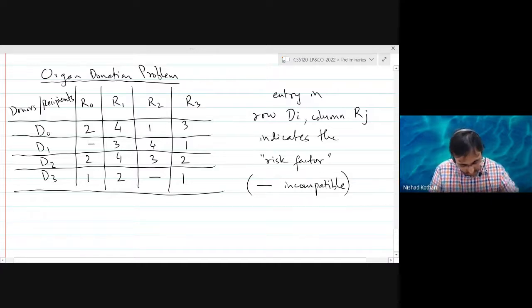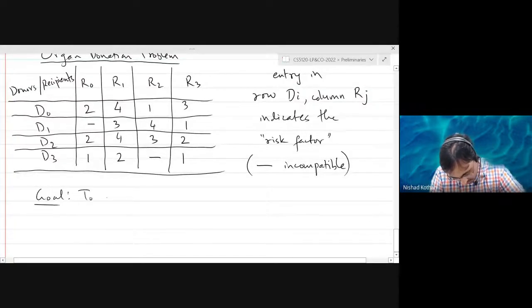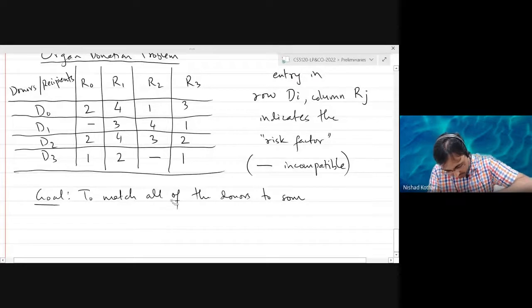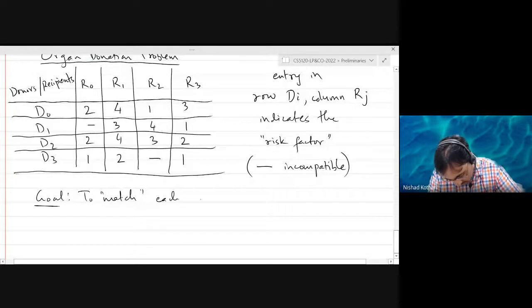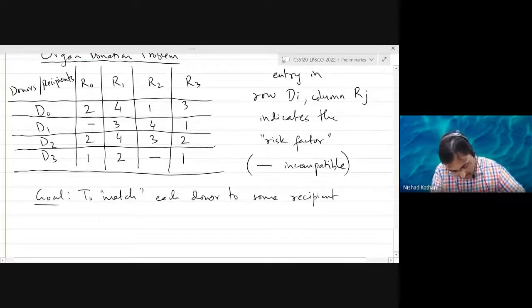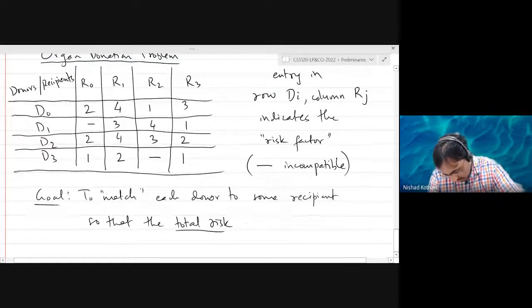So the goal is to match each donor to some recipient so that the total risk is minimized.